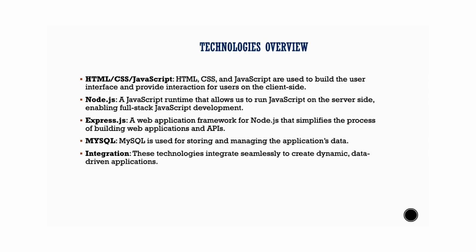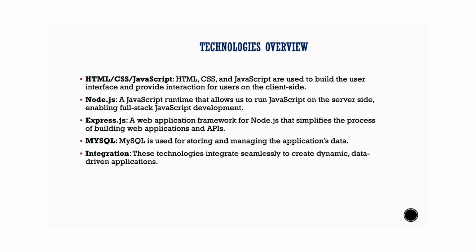This slide outlines the essential technologies used to build web applications, categorized into front-end and back-end technologies. Front-end technologies: HTML, or Hypertext Markup Language, the standard markup language for creating web pages. It provides the structure for content on the web.